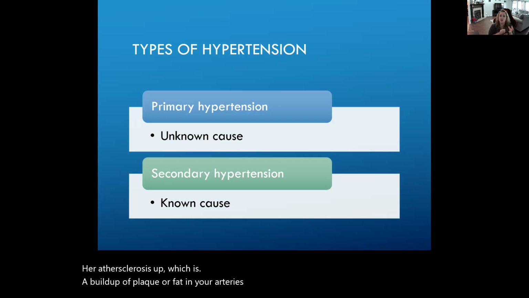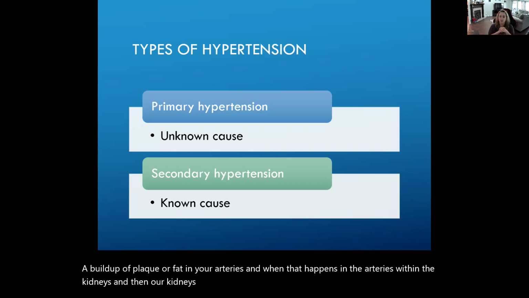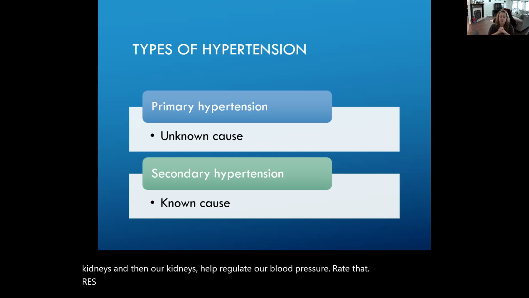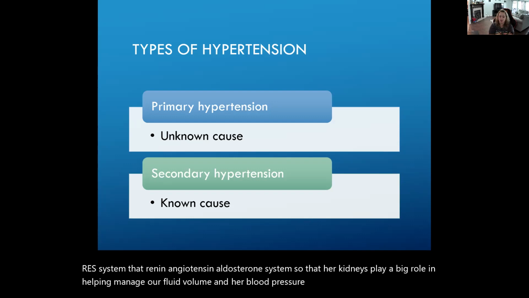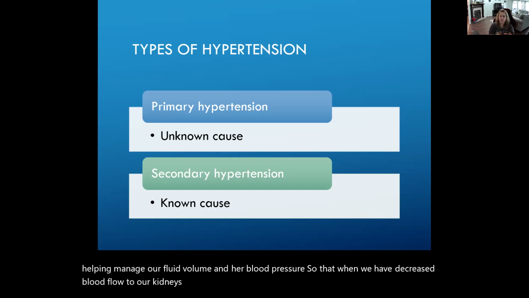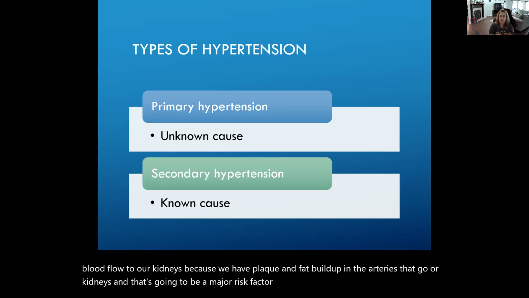When that happens in the arteries within the kidneys, our kidneys help regulate our blood pressure with the renin-angiotensin-aldosterone system, so our kidneys play a big role in helping manage our fluid volume and our blood pressure. So when we have decreased blood flow to our kidneys because of plaque and fat buildup in the arteries that go to our kidneys, that's a major risk factor or cause of high blood pressure.